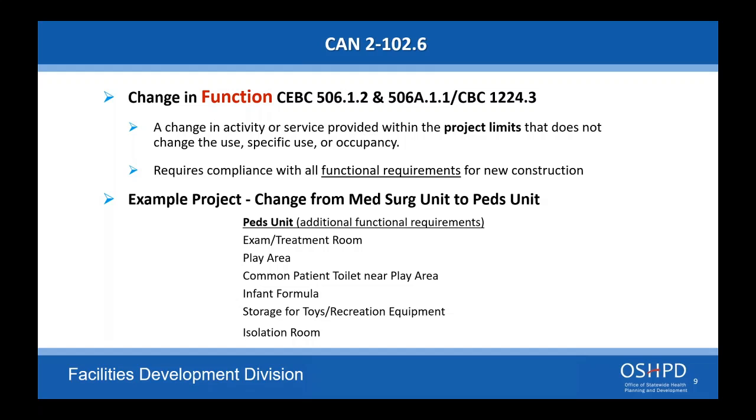You're looking at change of type of patient population, change in types of regulations, change in section within the code. So a psych unit has a lot more requirements functionally that would be required. Now, it doesn't have all the same utility requirements, so there might be some benefits there, but you're going to have to go through the whole facility and identify what's compliant, what's not, first in your planning and then in your utilities.